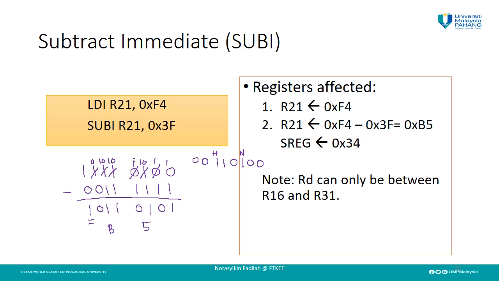So we need to borrow from bit 3 to bit 4. So that's why the half carry becomes 1. And then the S, the sign bit becomes 1 because N exclusive OR with the overflow, 1 XOR 0 is 1.